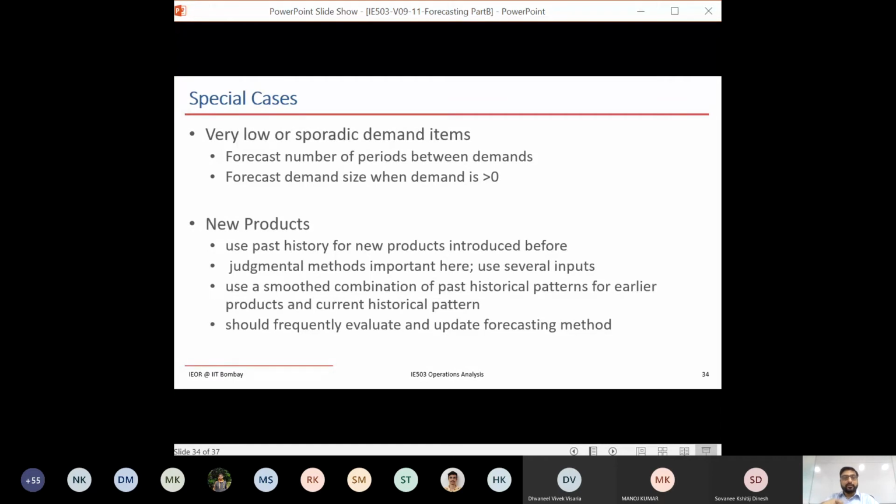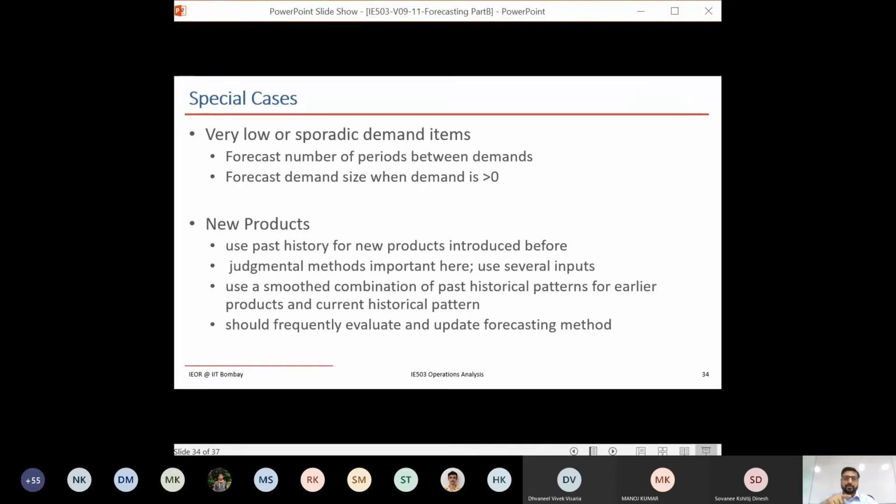At this point, we are coming up with our own algorithms to estimate it. Maybe I can take the number of days between demands as a value and come up with some forecasting scheme, either a moving average or an overall average, to figure out the average number of days between demands. I can fit a probability distribution to the number of periods between demands.